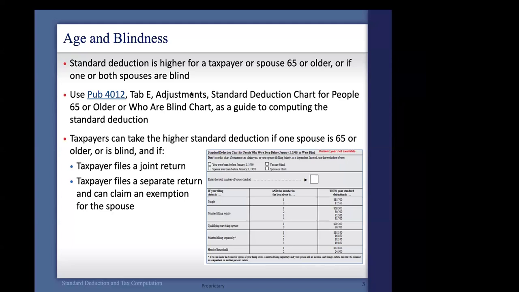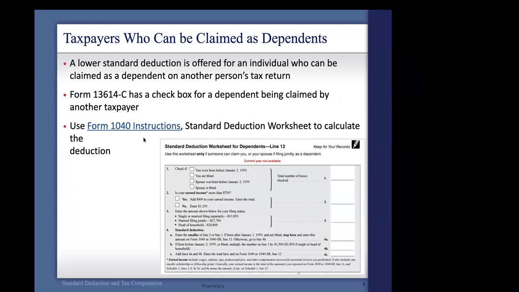Taxpayers can take the higher standard deduction if one spouse is 65 or older or is blind and the taxpayer files a joint return. A taxpayer who files a separate return can claim an exemption for the spouse. A lower standard deduction is offered for an individual who can be claimed as a dependent on another person's tax return.